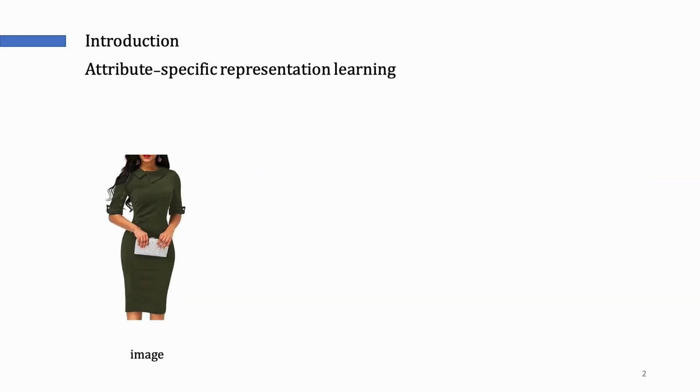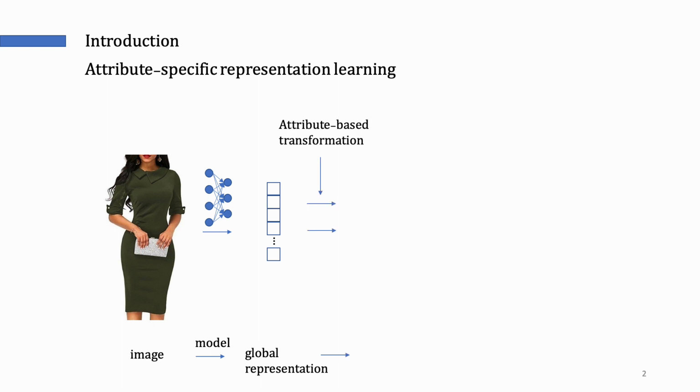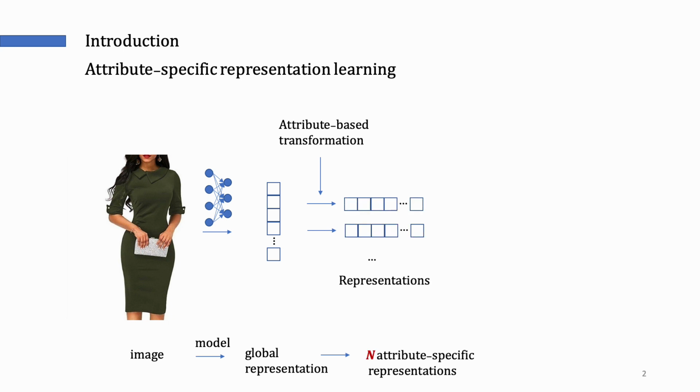In fine-grained fashion, attribute-specific representation learning is a classical method that has been studied for years. When having a fashion image, we first have a model that transfers the image into a global representation. Then, with attribute-based transformations such as fully connected layers or attentions, the global representations are transferred into attribute-specific representations that only focus on the related features for the attribute.